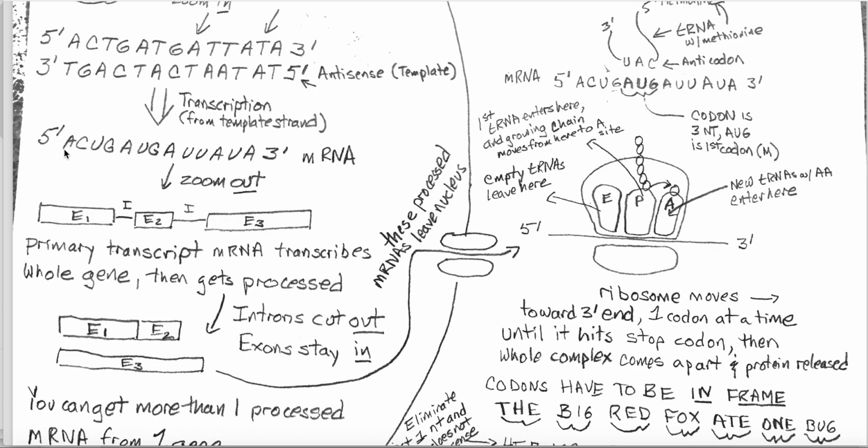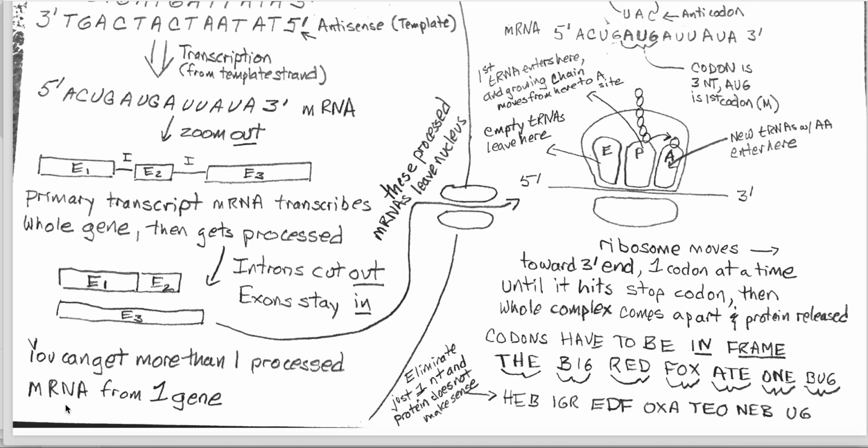This is after it's been transcribed by RNA polymerase. And then when you cut out the introns, you can put together different exons and you get different mRNAs from that. So you get more than one processed mRNA from one gene, typically.